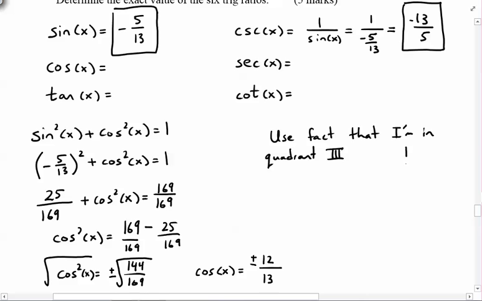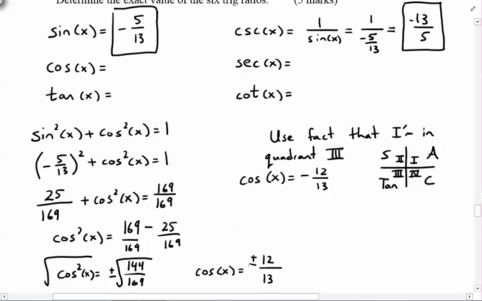So quadrant 3 is down on the bottom left corner. And if I remember from all students take calculus, only tangent is positive in that corner. So cosine must be negative in quadrant 3. So now I know which one I want to choose.